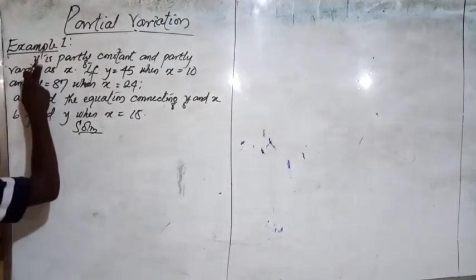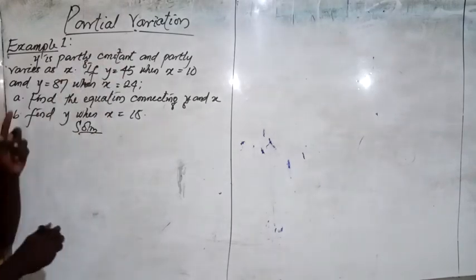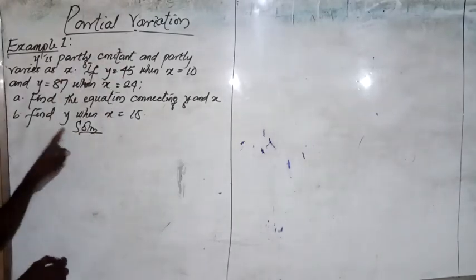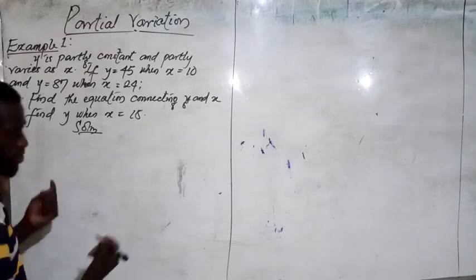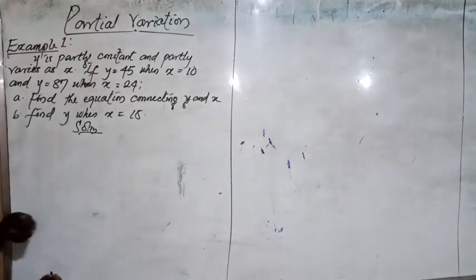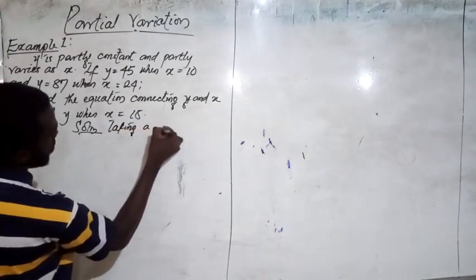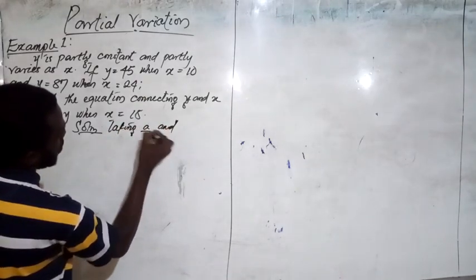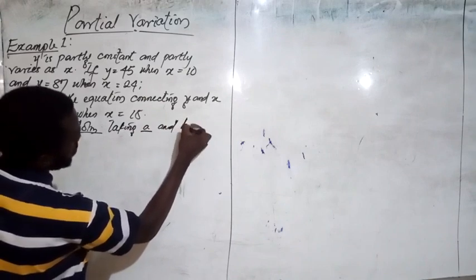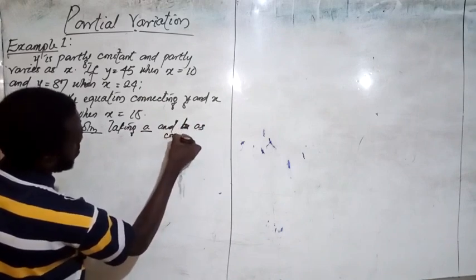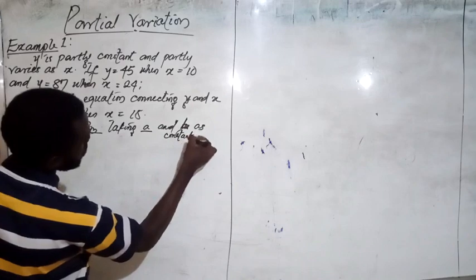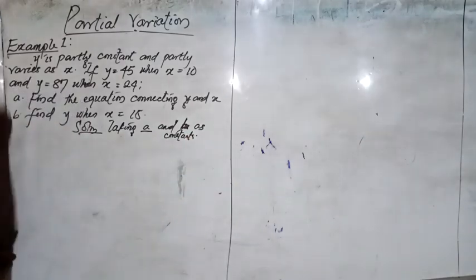We have y is partly constant. As we earlier explained, we are going to equate y to a constant. So say for example in this question, I want to still use a and b as my constants, taking a and b as constants. So we are going to interpret the question.